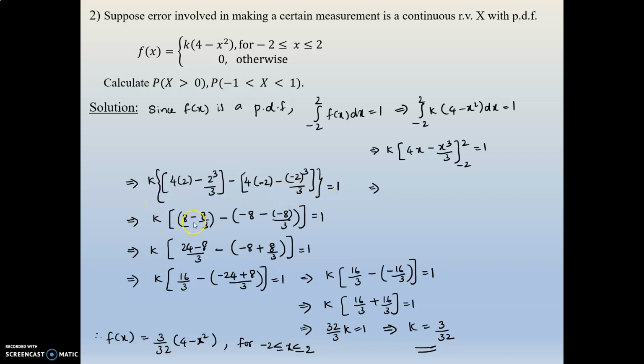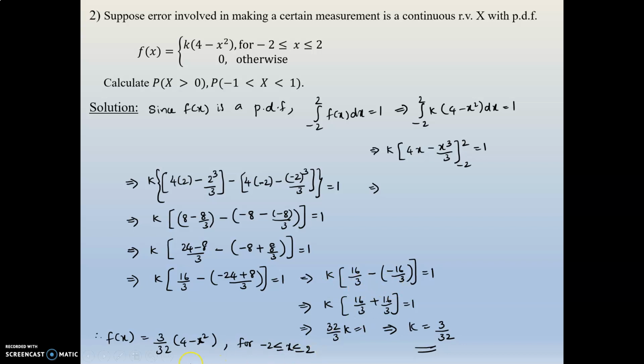So k into [(8 minus 8 upon 3) minus (minus 8 plus 8 upon 3)] equals 1. That is k into [16 upon 3 minus (minus 16 upon 3)] equal to 1.